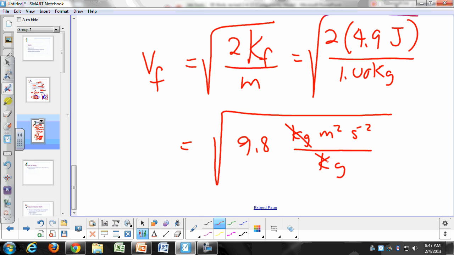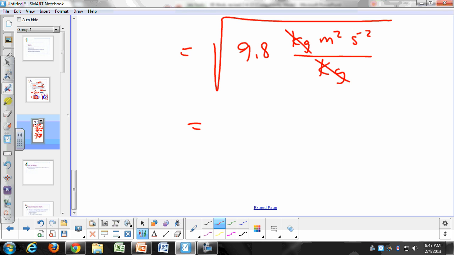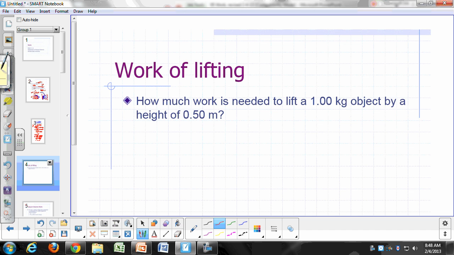So kilograms cancel out. Square root of 9.8 is how much? 3.1 meters per second. That's the speed. After it's dropped half a meter, it will have gained 3.1 meters per second in speed. Okay? So that's the work energy theorem for you.